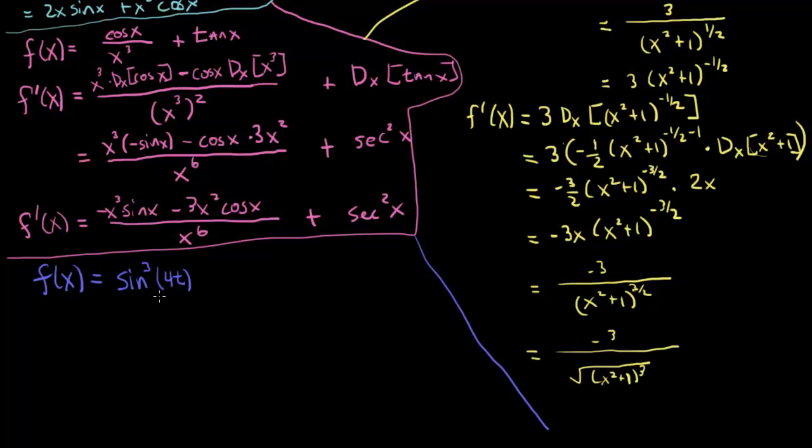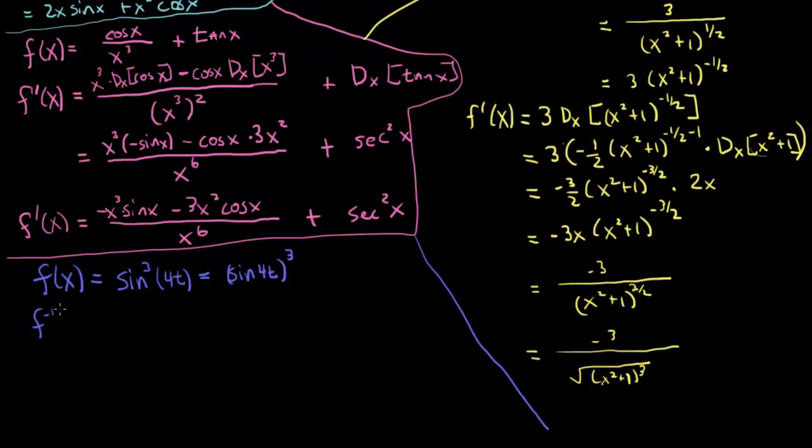Now, let's think about what does sine cubed of 4t mean? Okay, that actually means sine of 4t cubed. Okay? Now, it's really important for you to recognize what that means right there. That means this. So now we can use the chain rule, actually the generalized power rule, which says we have a function raised to a power.